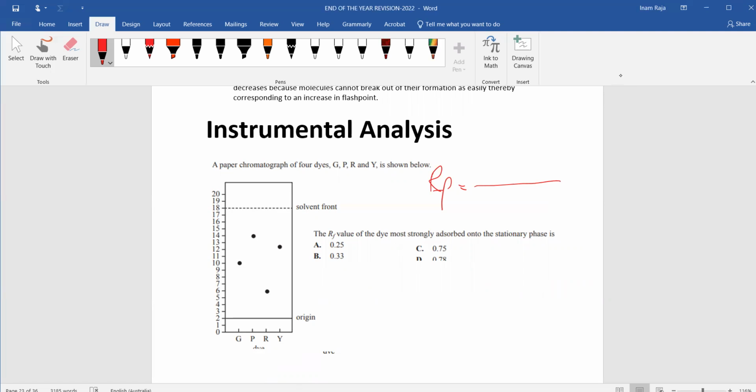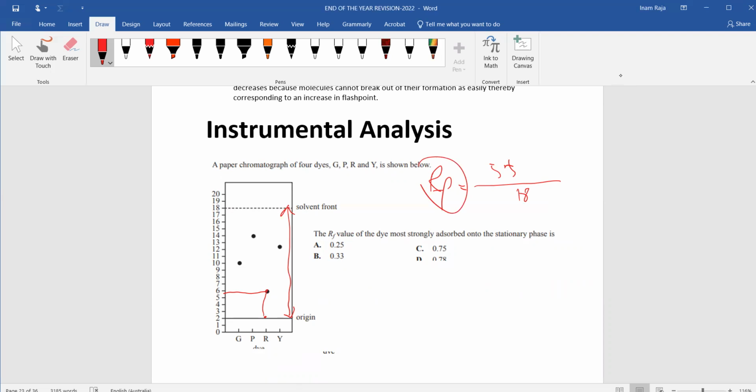For example, if you have R here, R was initially here. So the distance this much, let's say 5.5 centimeter, divided by the total solvent distance covered, let's say it is 18. Whatever answer comes is the Rf.